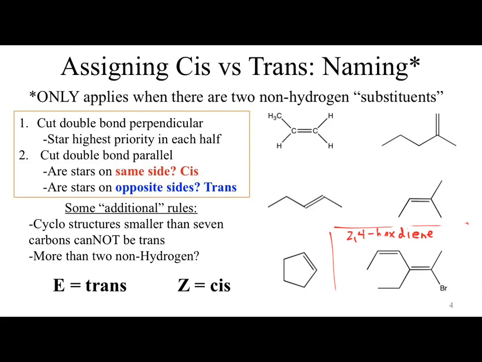And we'll go back to our 2 rules. We'll start with green for our first rule and red for our second. So green, we want to cut the double bond perpendicular. So we'll cut in half, and we want to go through and then star important groups on either end. How many things are attached on the left-hand side of that double bond?